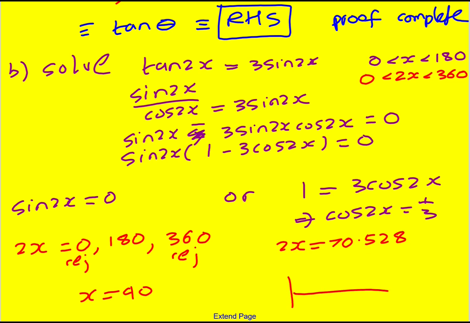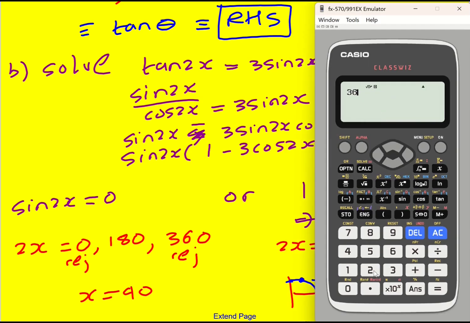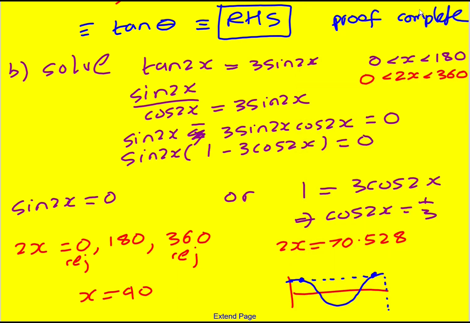Or we can draw the cos graph and see the symmetry going on. I've just basically worked out this point here. It's going to have the same value as that one. It's 360 minus 70.528. 289.471.